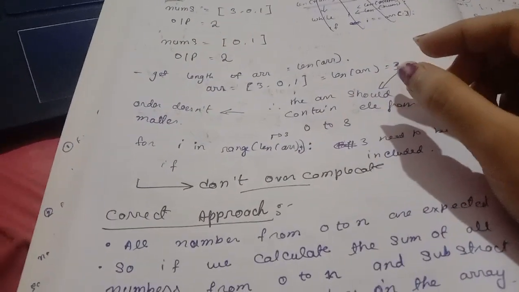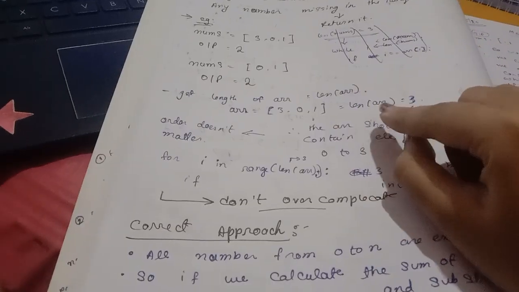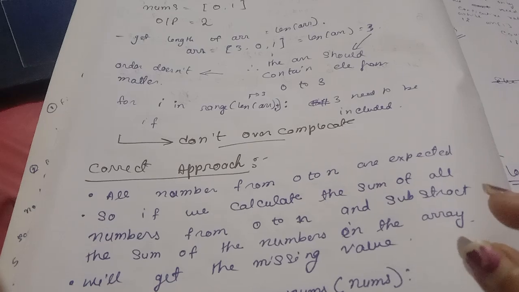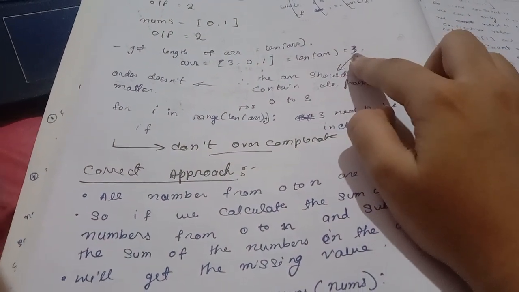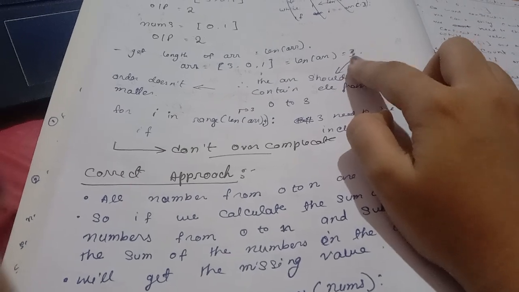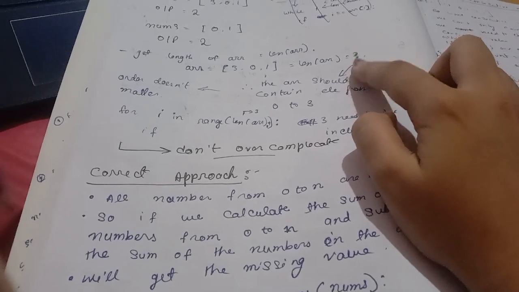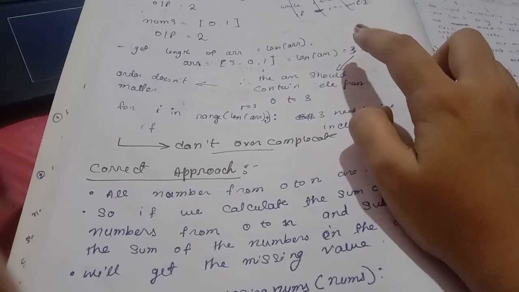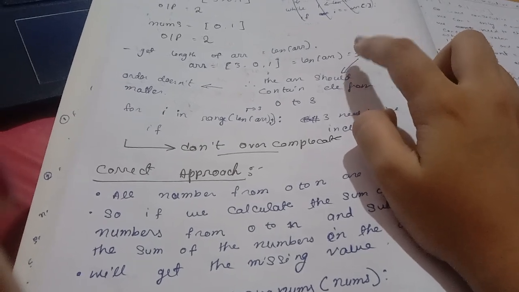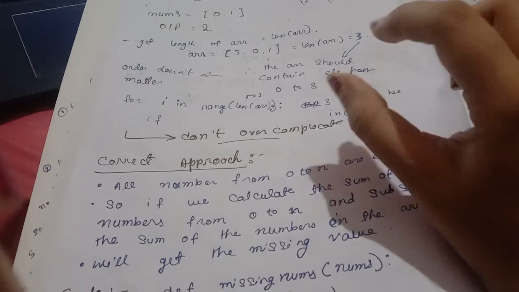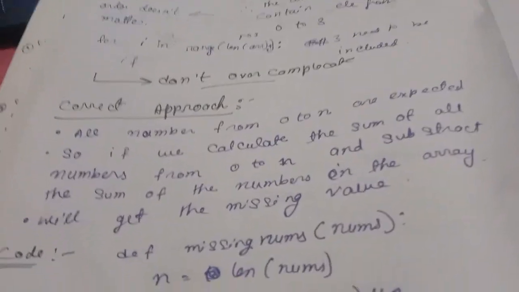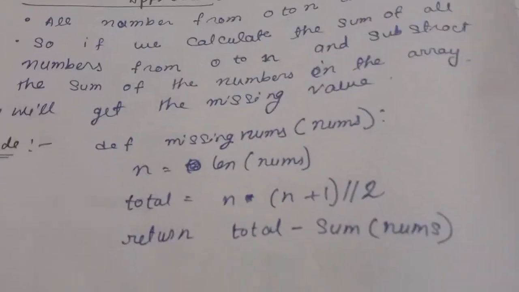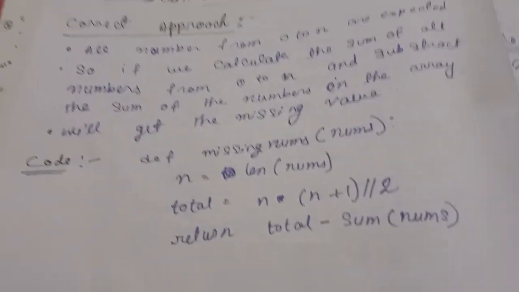So if we find the sum of all the n numbers, whatever number we get from calculating the length of the array, the sum of all those natural numbers, here it is 3, and we name it total, and then we subtract the elements present in the array from the total, we are going to get the result. So this is the approach.